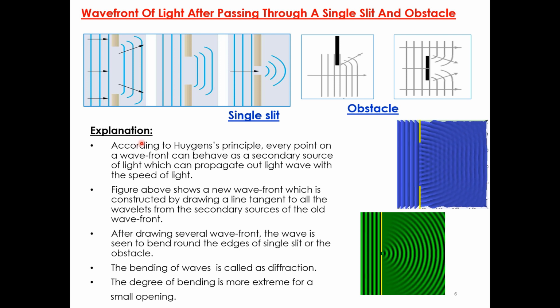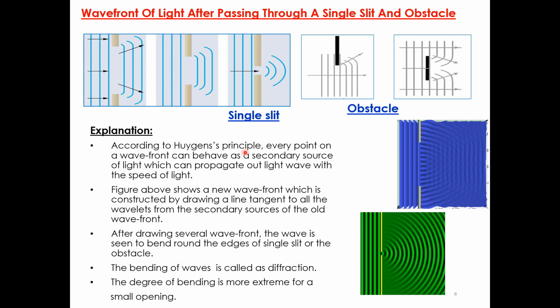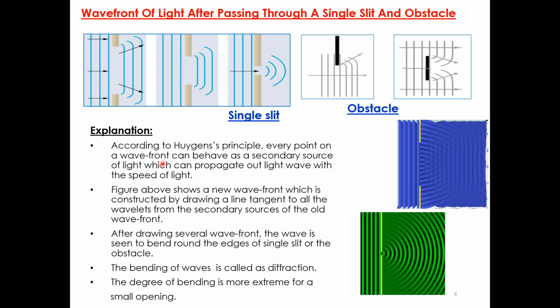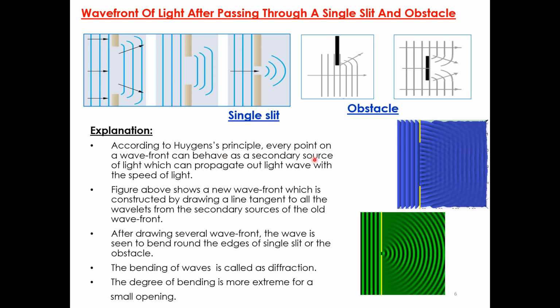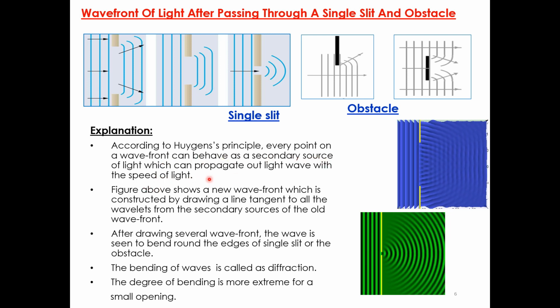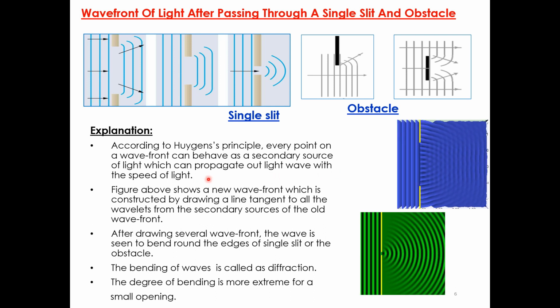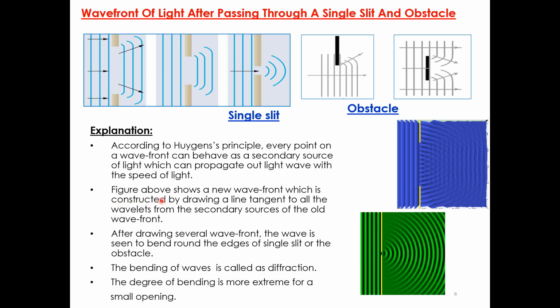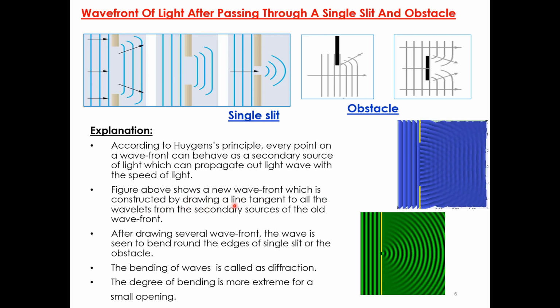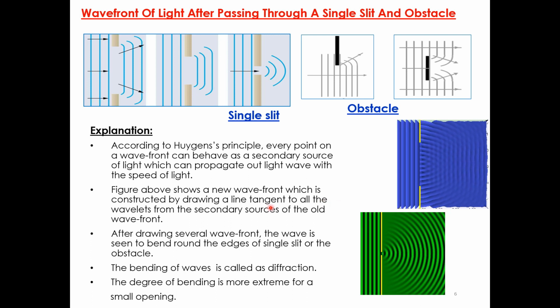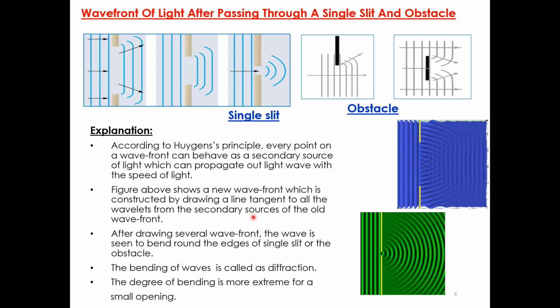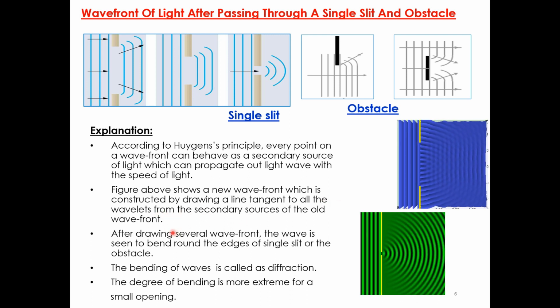Explanation: according to Huygens' Principle, every point on a wavefront can behave as a secondary source of light which propagates a light wave with the speed of light. The figure shows a new wavefront constructed by drawing a line tangent to all the wavelets from the secondary sources of the old wavefront.